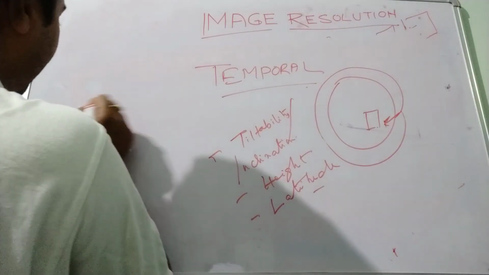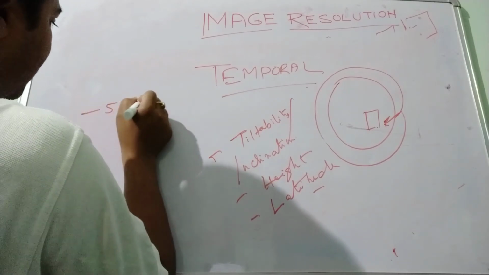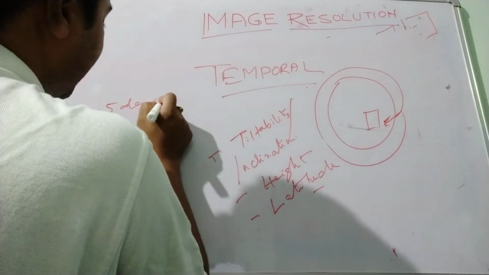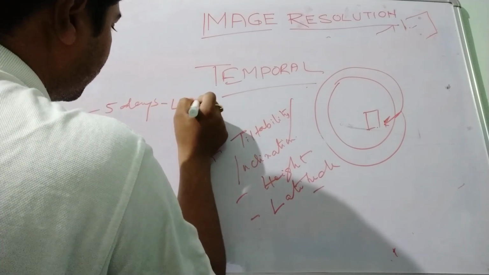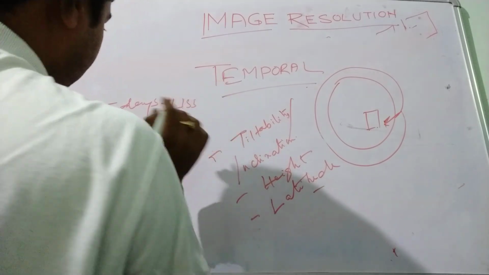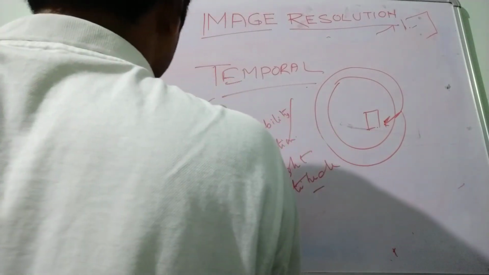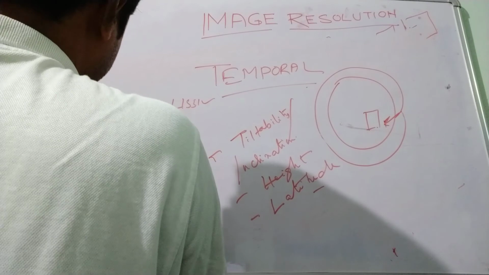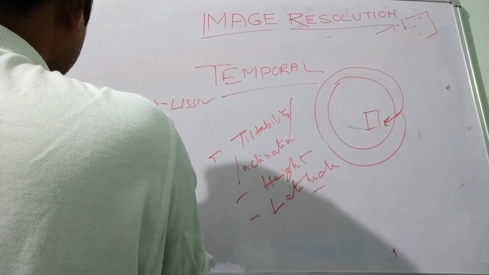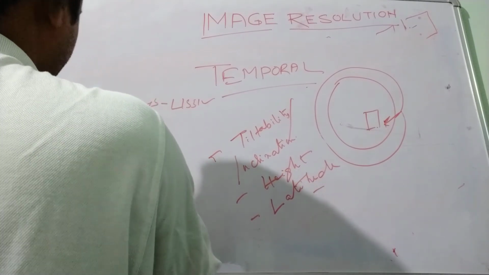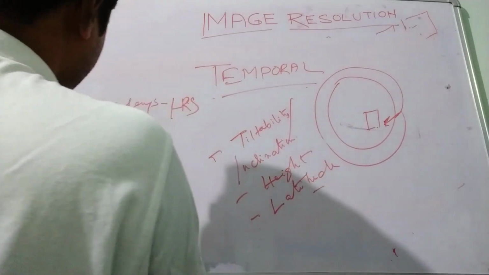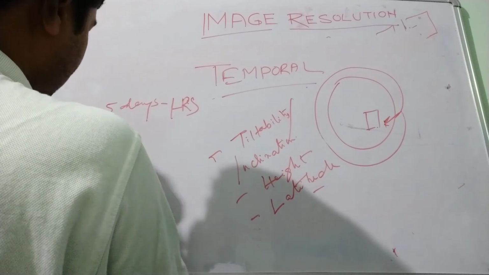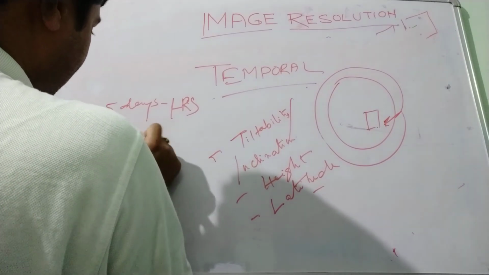For example, some satellite data have a 5-day revisit capability, like in India, there is LISS. Like IRS, and suppose NOAA, has a 1-day revisit capability.